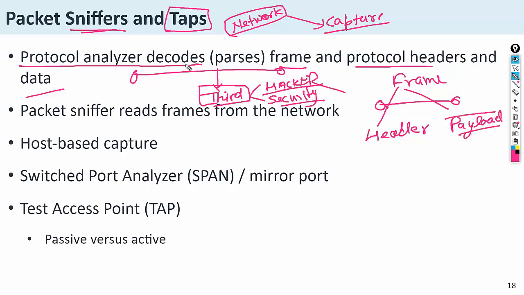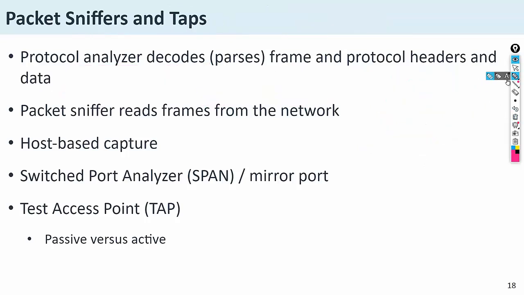So the decoder has the capability to capture this frame and then separate the header and the payload. It is possible by using some software or other techniques. So a packet sniffer may be hardware or maybe software.